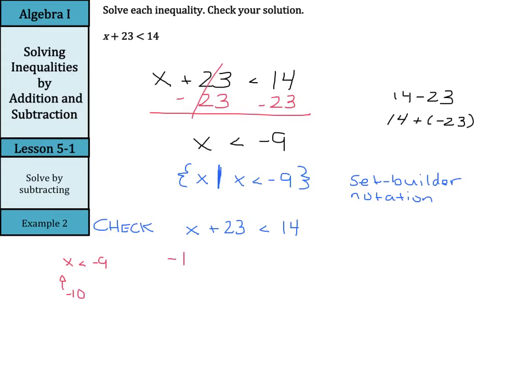If we put our negative 10 in for x, plus 23 needs to be less than 14. Negative 10 plus 23 is 13, is less than 14. And is that true? Sure, 13 is less than 14. So we have found our solution. We have expressed this in what is called set builder notation. We've checked it. It works. We are ready to go.